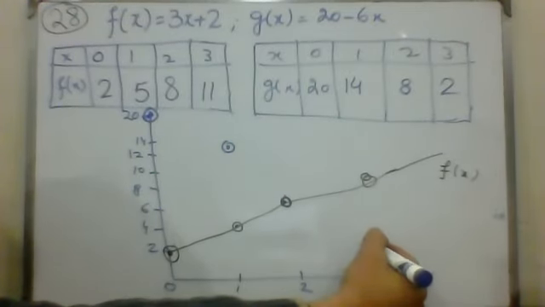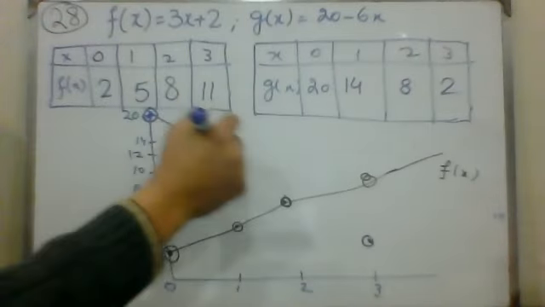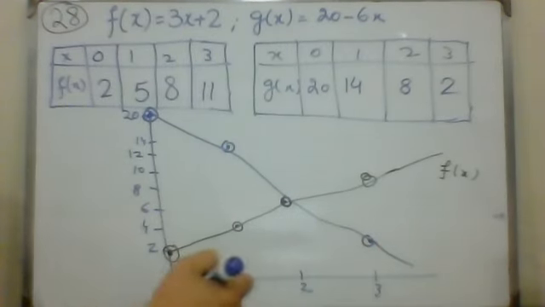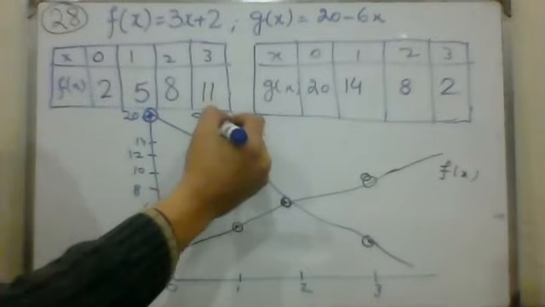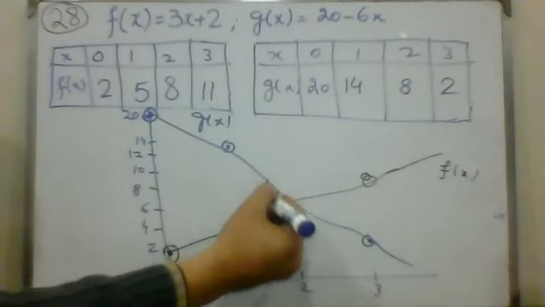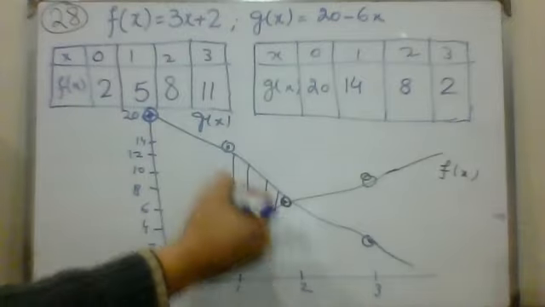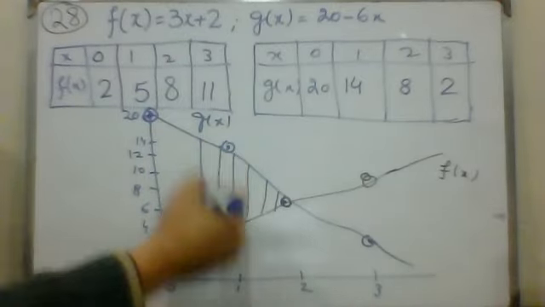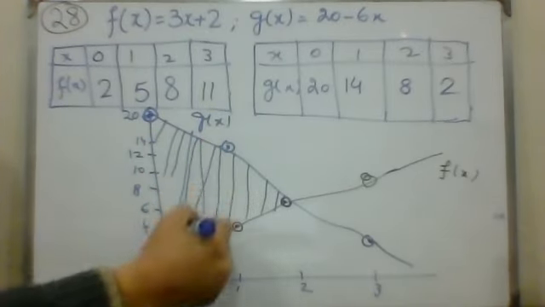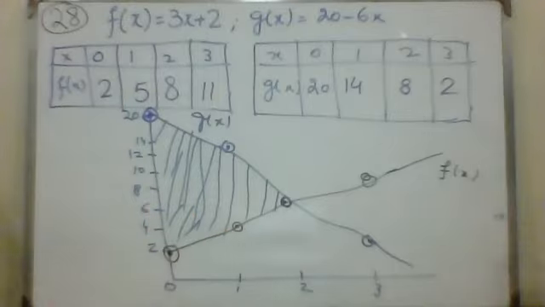So the graph is here, and join those points with a straight line. That graph represents g of x. We want to find the area between them, that area we are trying to find. Here g is above and f is below g of x graph.